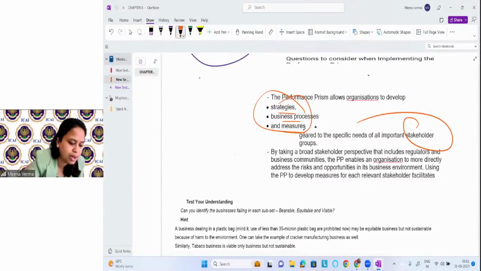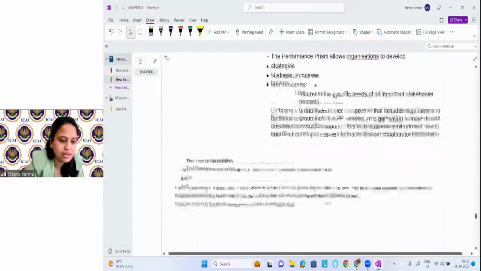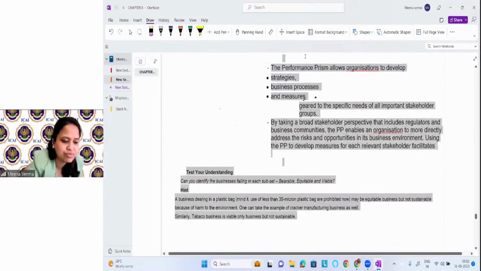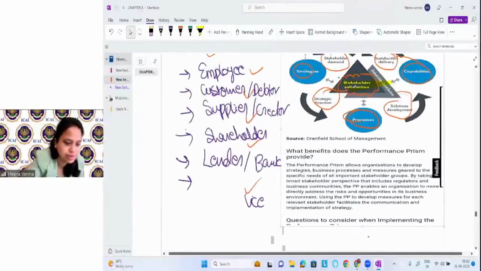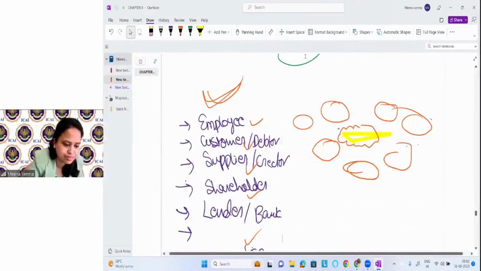We want to keep them happy. That's it. You just have to remember these points, and you can answer the question very easily. If you get a question now, you can very easily answer it. So you can see how simple it is. Not at all rocket science.